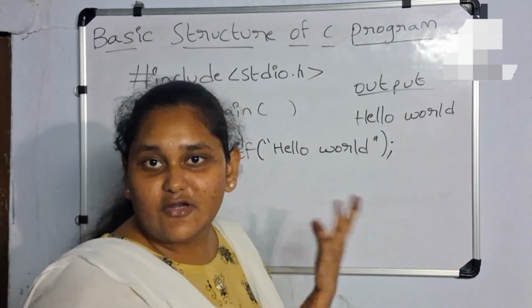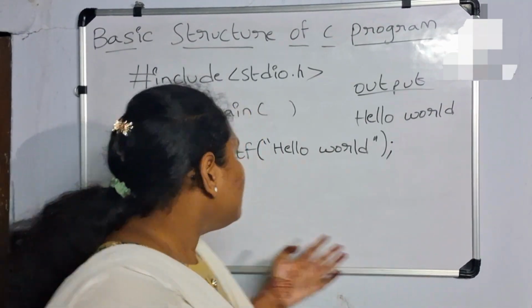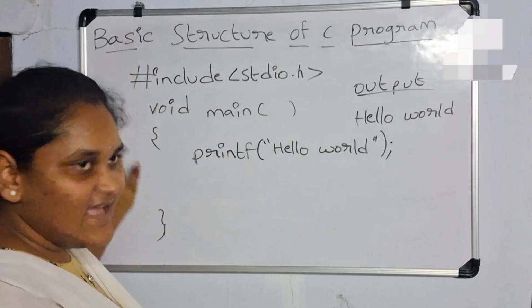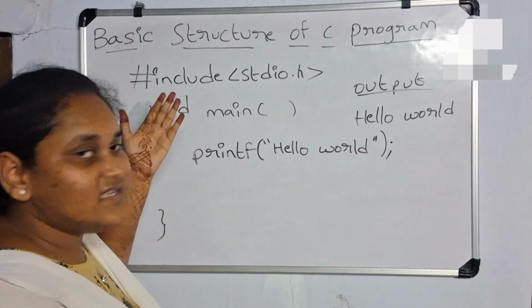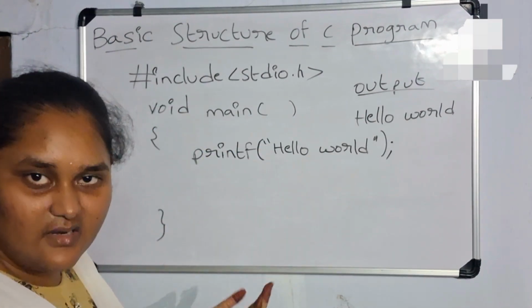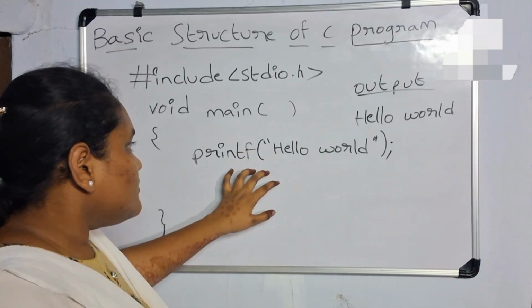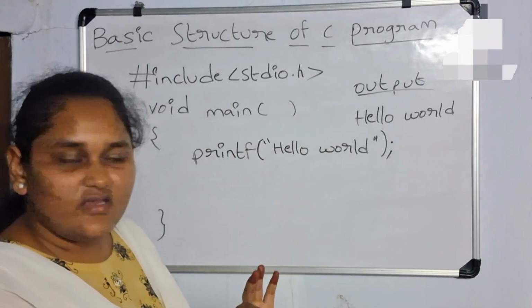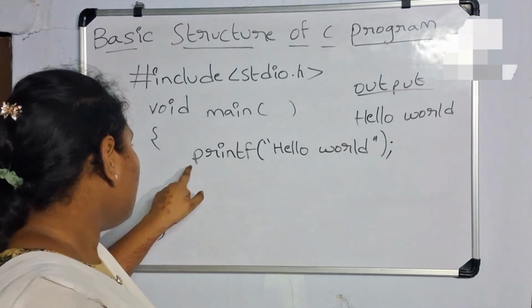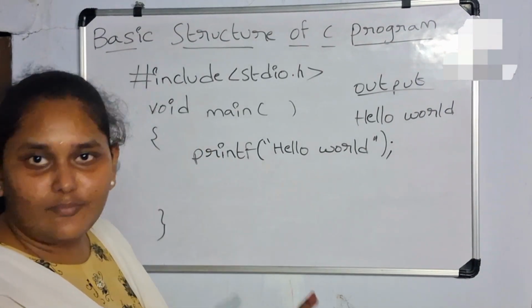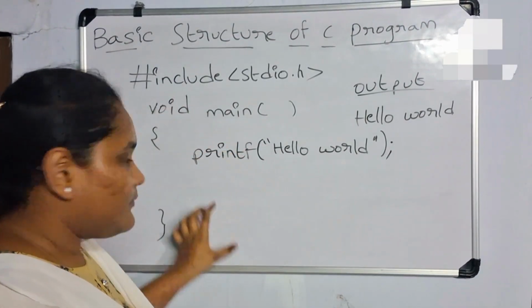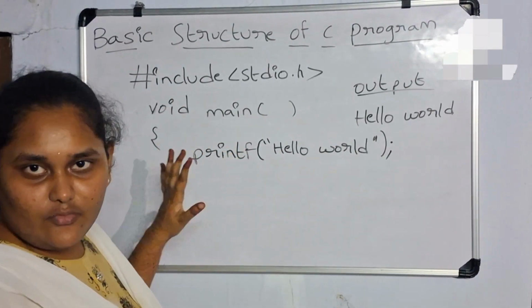Running means trying to see the output. Compiling means converting this program, written in C language, into binary language. The compiler does that. I have said about it in my previous video as well. So after compilation, if we didn't get any errors, we'll run the program to see the output.